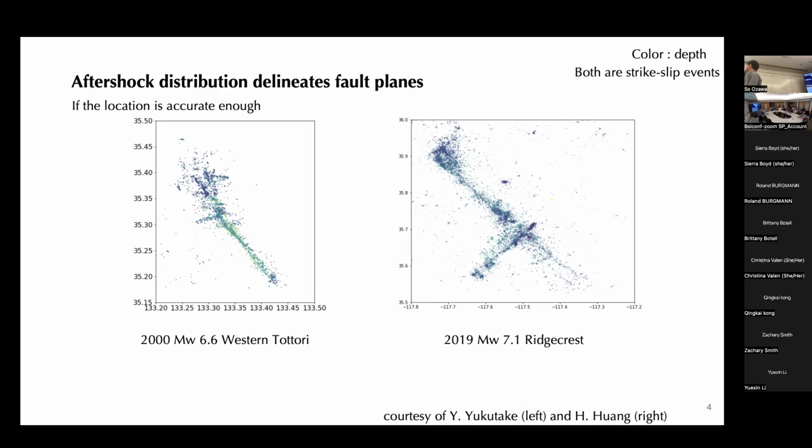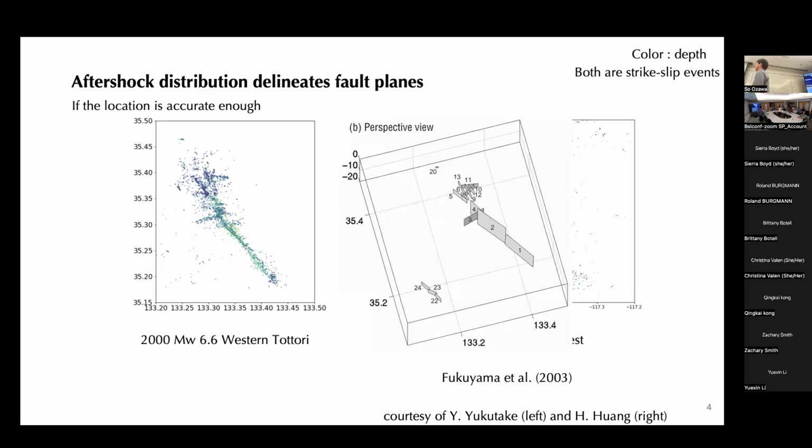So many people are actually using the geometry and the distribution of aftershocks to infer the geometry of the fault, assuming that these aftershocks are occurring on the same single plane or multiple planes.